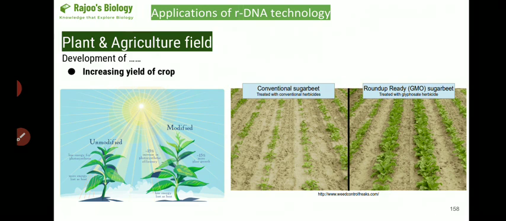In the simple diagram you can see the same plant in the same environmental condition with different growth levels. This growth level may be varied by changing the respective genes of the hormone or certain control genes. So this is the possibility of rDNA technology, whereby you modify the plant to give better production in less time, with less nutrient uptake.